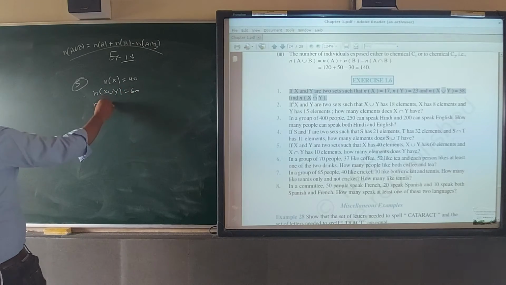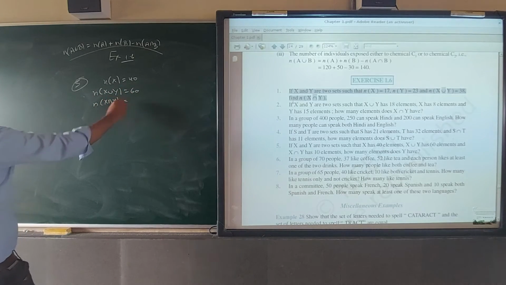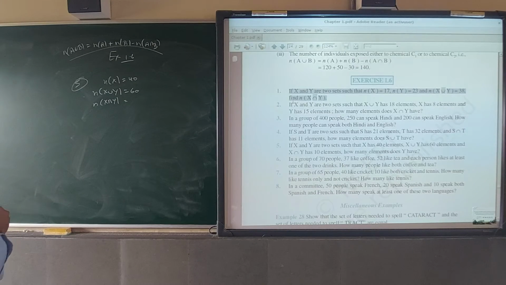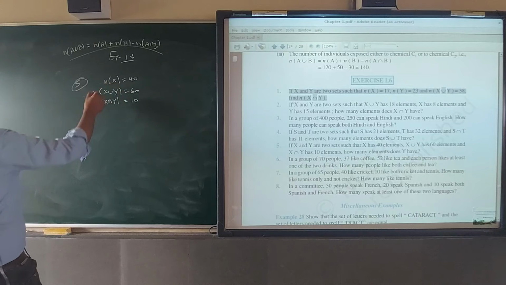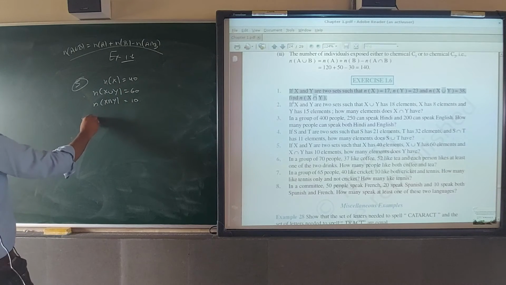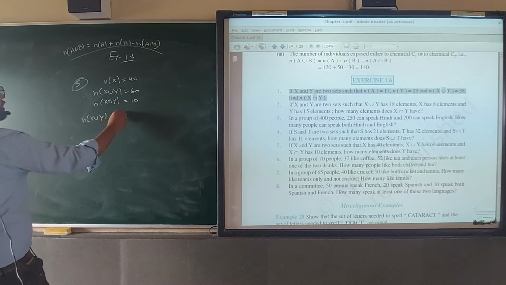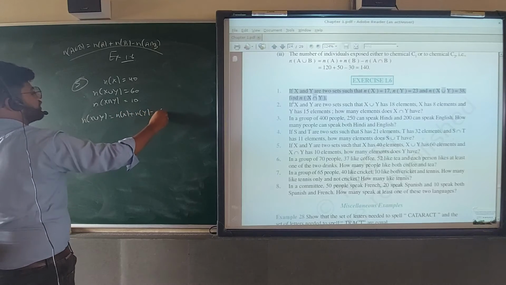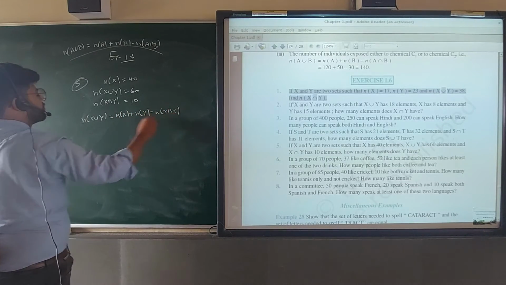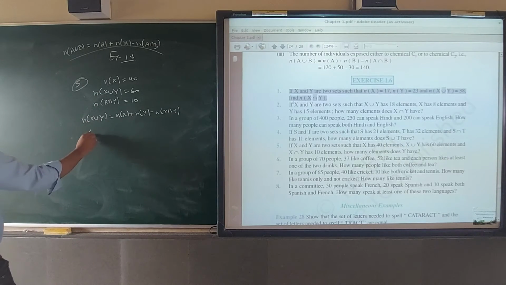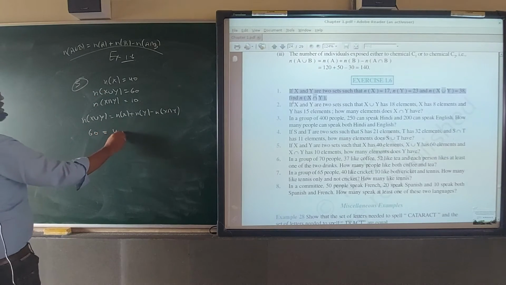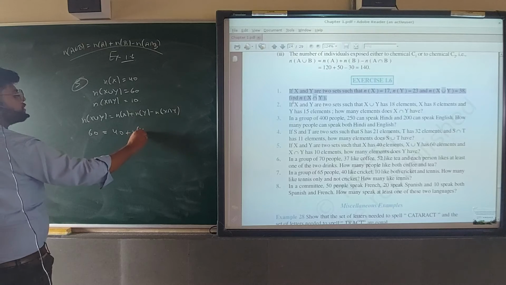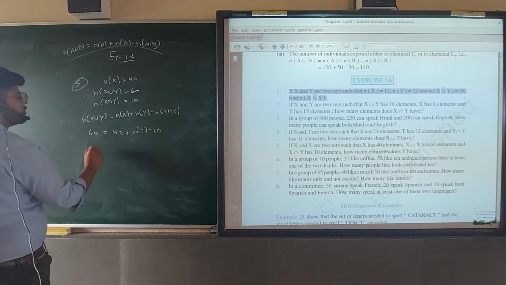And n(X intersection Y) is also given. Intersection is 10. You have to find Y. What is the formula? n(X union Y) is equal to n(X) plus n(Y) minus n(X intersection Y). n(X union Y) is 60, n(X) is 40, and n(Y) we have to find, minus 10.